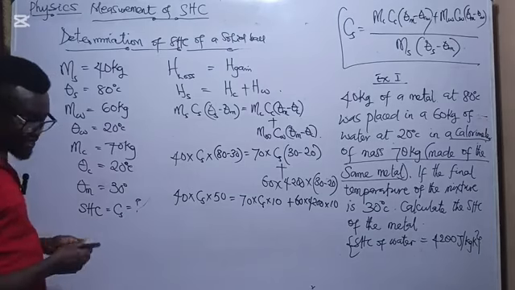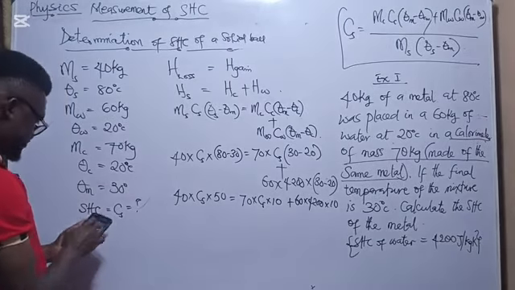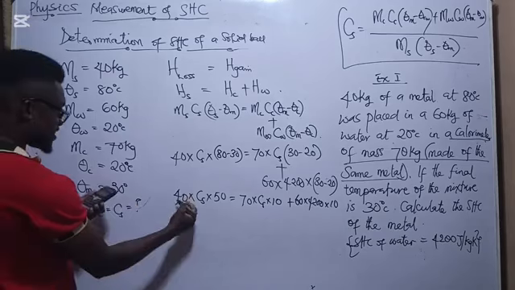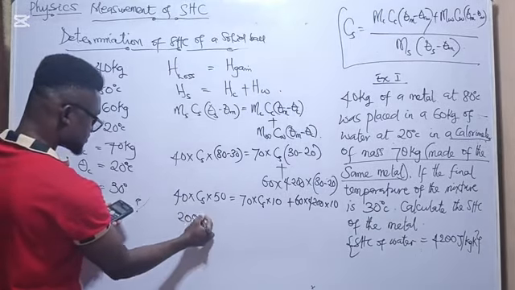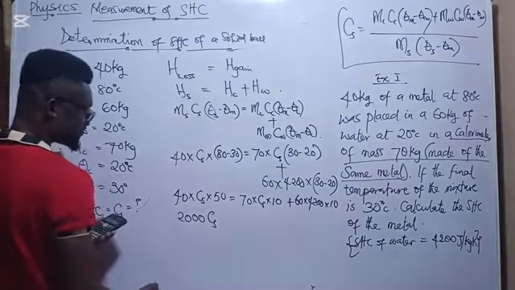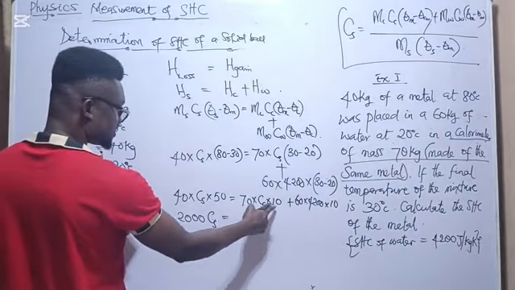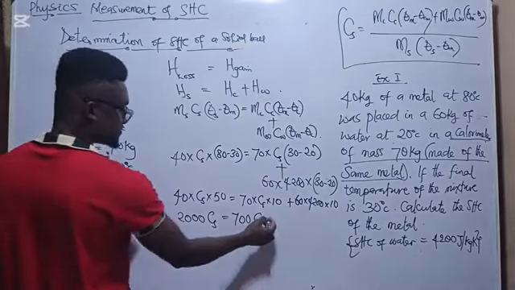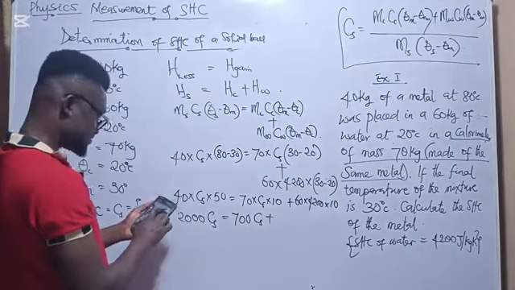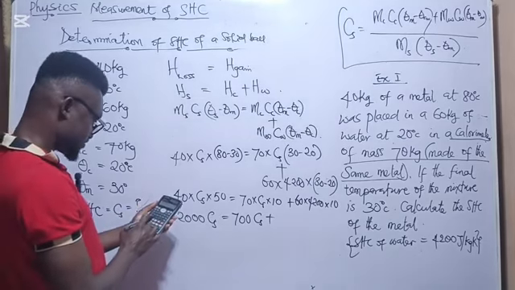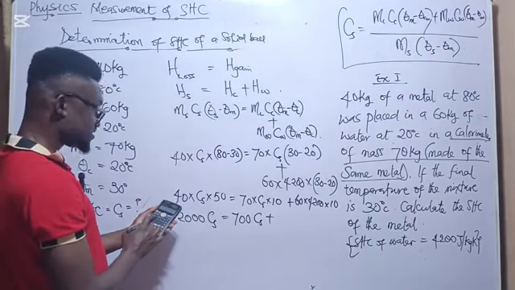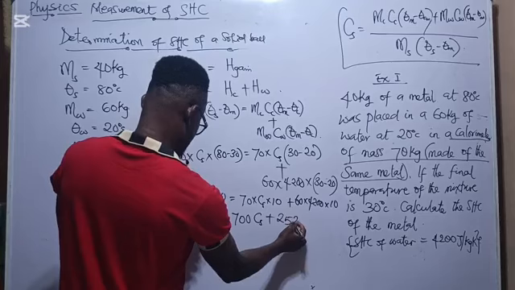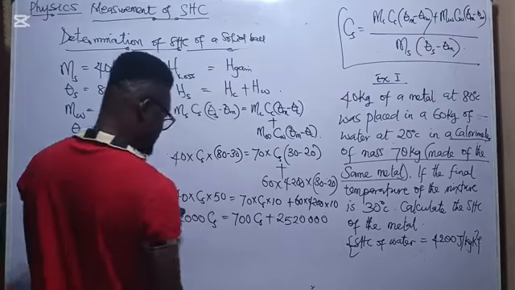So we multiply 40 times 50, which gives 2,000 specific heat capacity of solid. Then 70 times 10, we have 700 specific heat capacity of solid, plus 60 times 4,200 times 10, which gives 252,000.